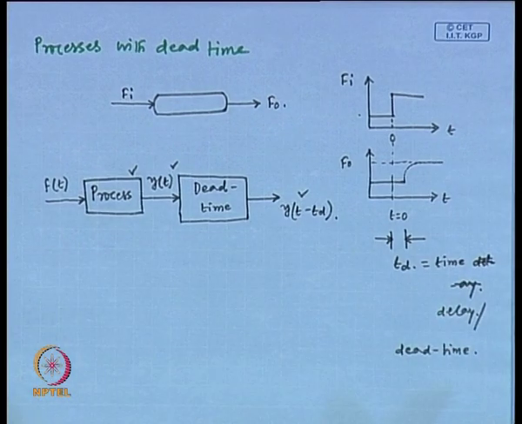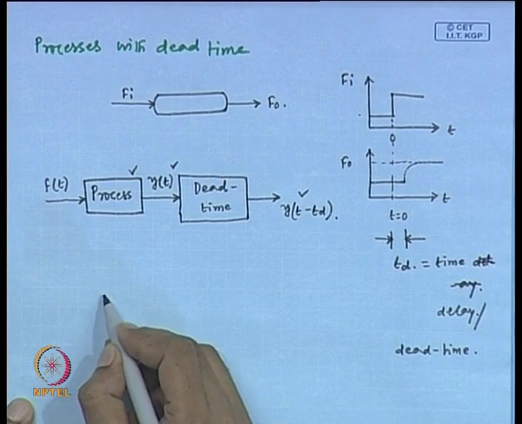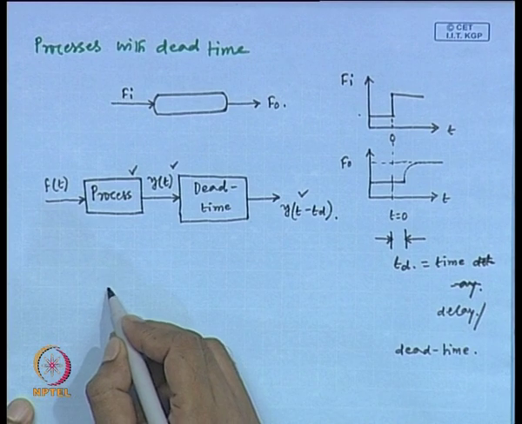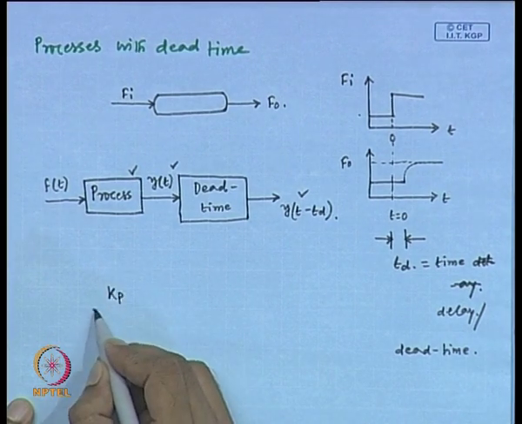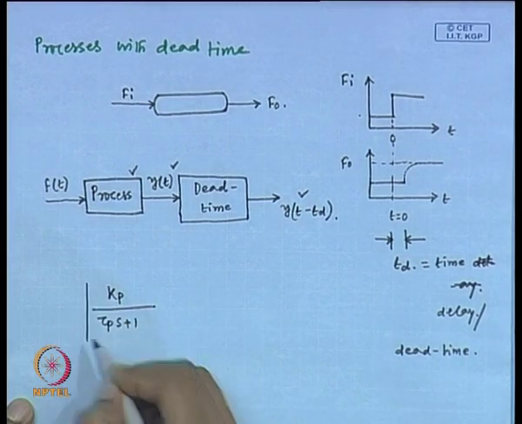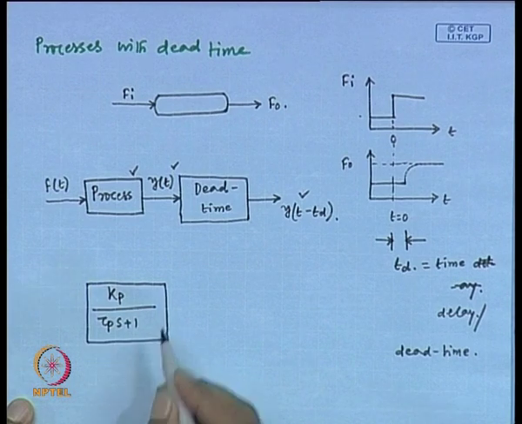Now, we will represent this block diagram considering the variables in Laplace domain. So, this will be the process. Say this is a first order process. So, we can write the transfer function Kp divided by tau p s plus 1.